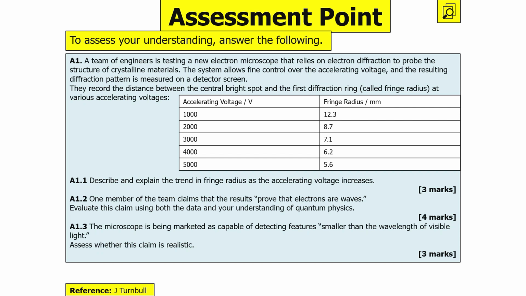Describe and explain the trend in fringe radius as the accelerating voltage increases. One member of the team claims that the results prove that electrons are waves. Evaluate this claim using both the data and your understanding of quantum physics. The microscope is being marketed as capable of detecting features smaller than the wavelength of visible light. Assess whether this claim is realistic.